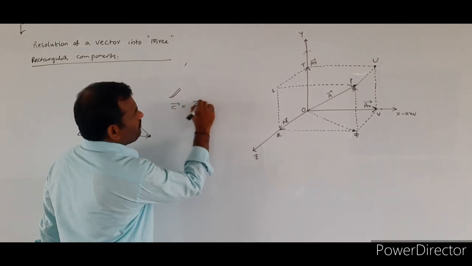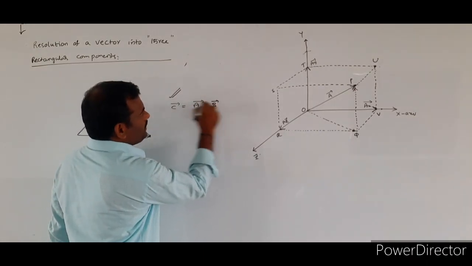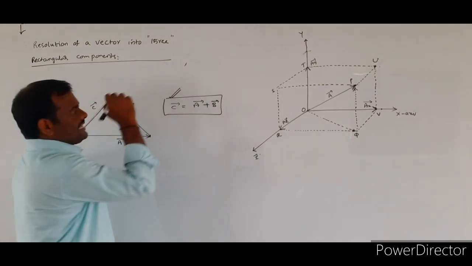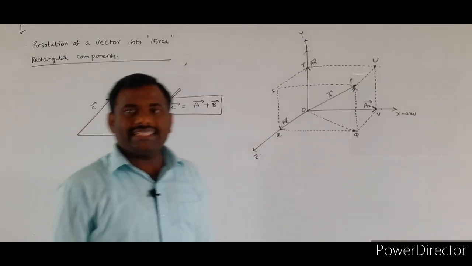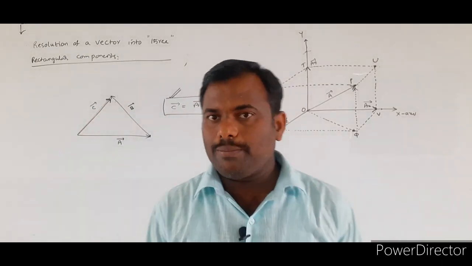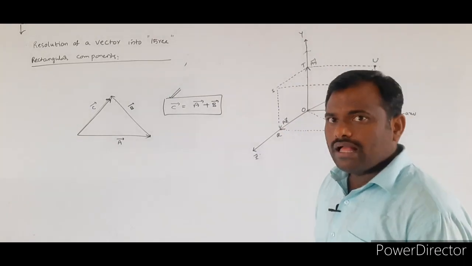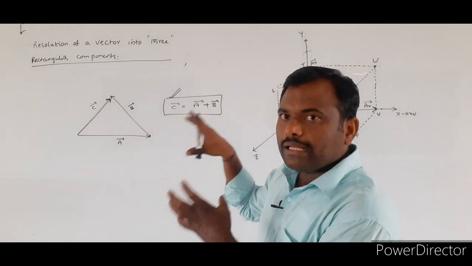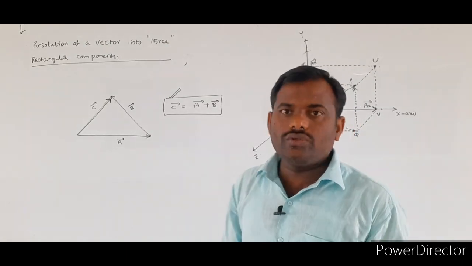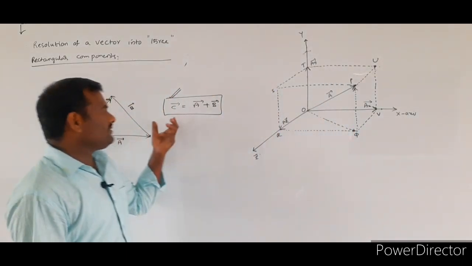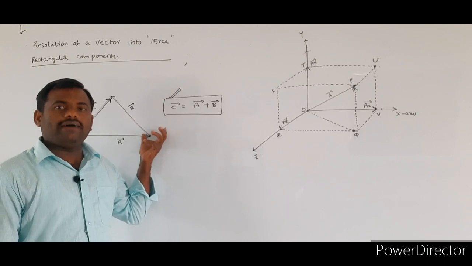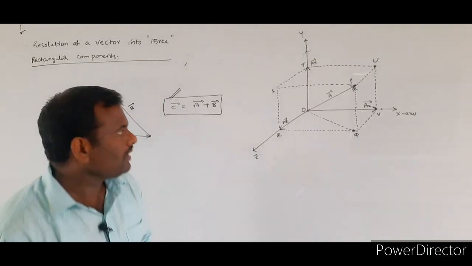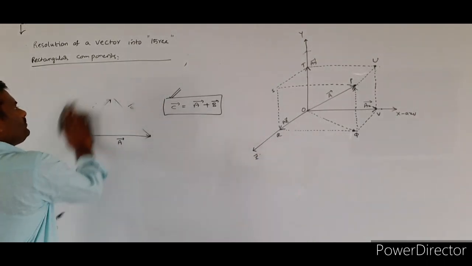Therefore, from the triangle of vector addition, c bar, the closing side, is equal to a bar plus b bar. This is simply the triangle law of vectors. That principle we are going to use here, so we recalled the triangle law of vector addition. Now, coming to the given diagram.